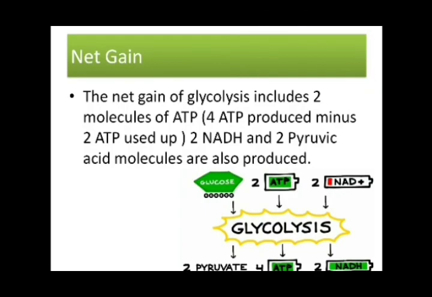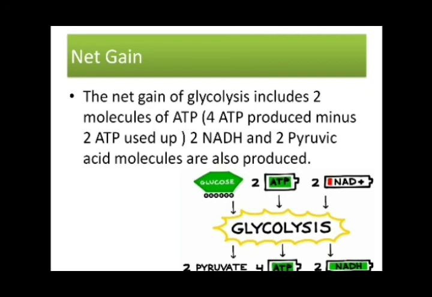So let's discuss the net gain of glycolysis. We can see in the diagram that 4 molecules of ATP are produced and 2 molecules of ATP are used.